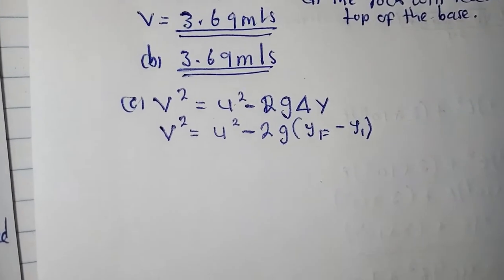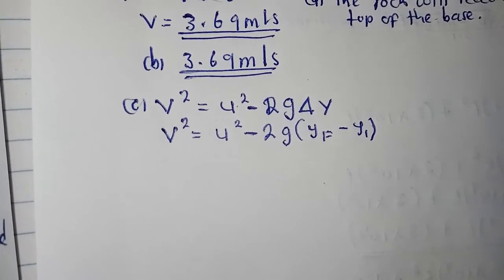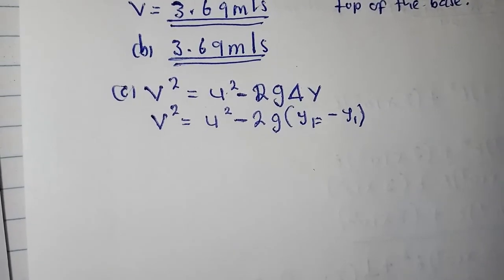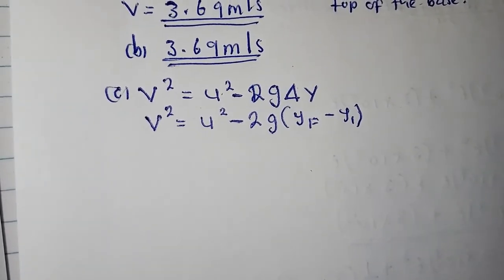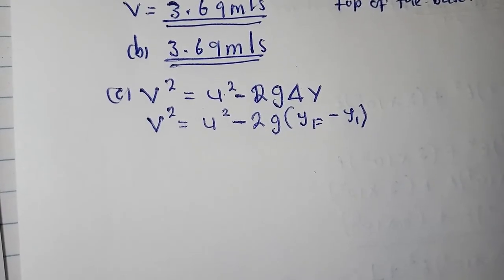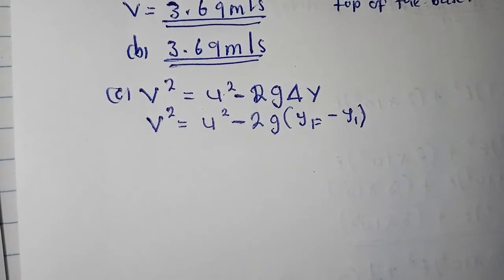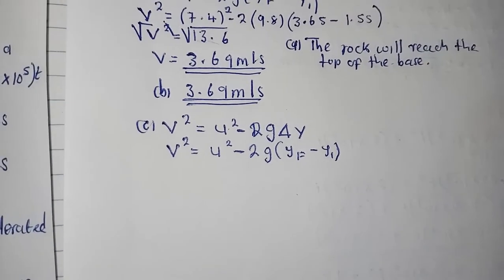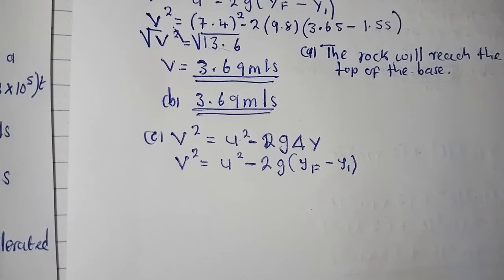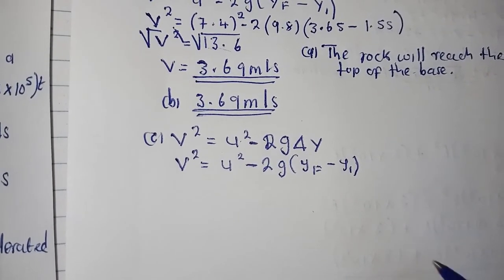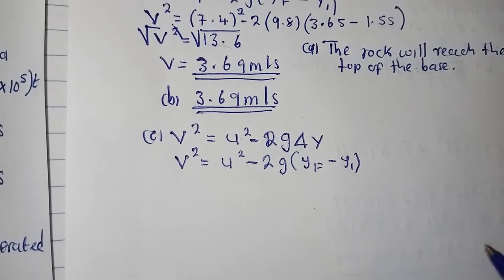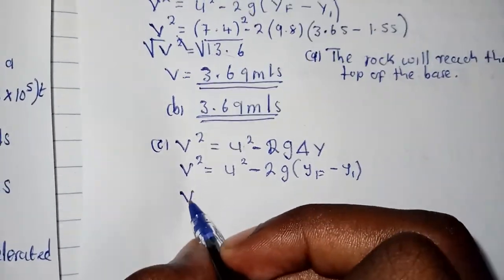So you just have to change the initial heights. Since it's coming from up there, the distance up there is going to be our initial, and the distance down there is going to be our final.